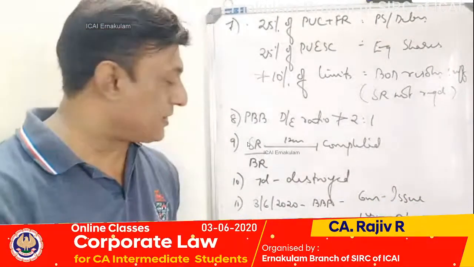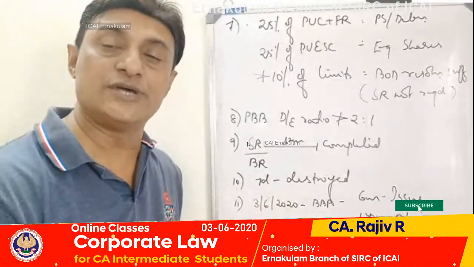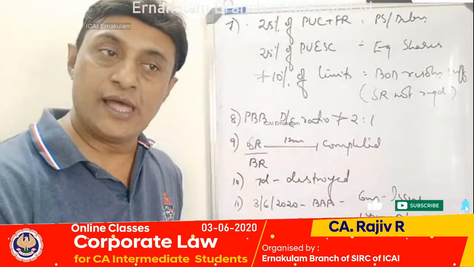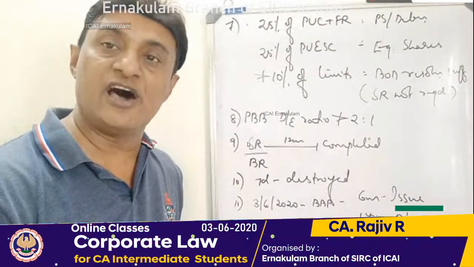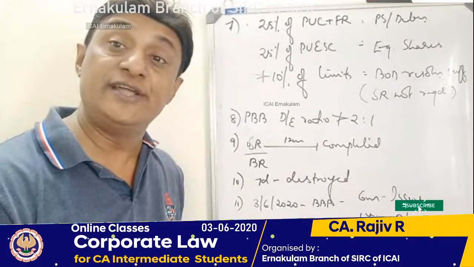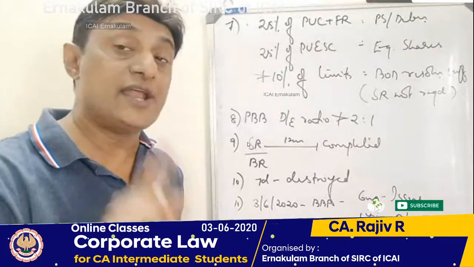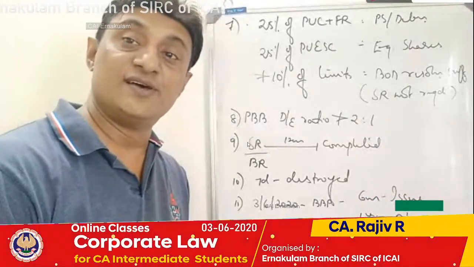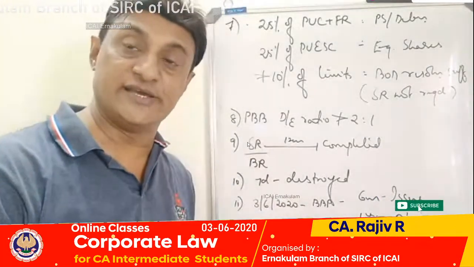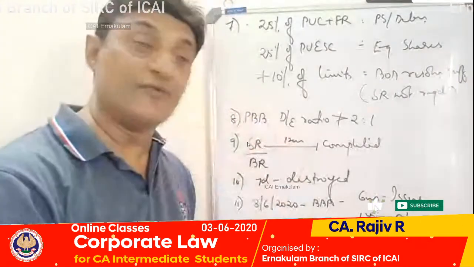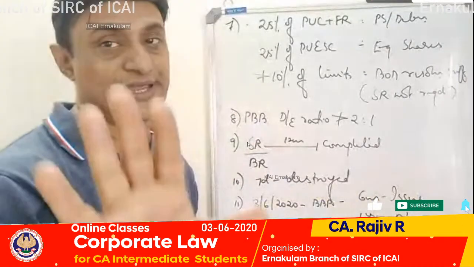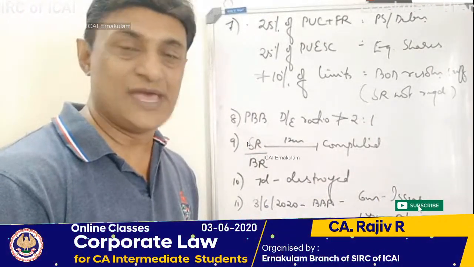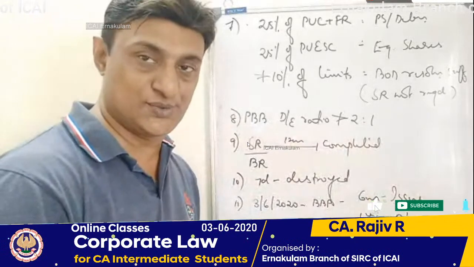Just take an example. Today, on the 3rd of June 2020, I have bought back equity shares, and exactly 1.5 months from now, on 18th July, there are some debentures or preference shares which should be converted into equity. If you convert, it will not be treated as an issue. So that will not come in the main of the issue.